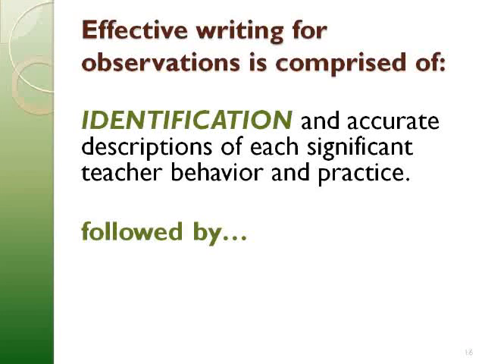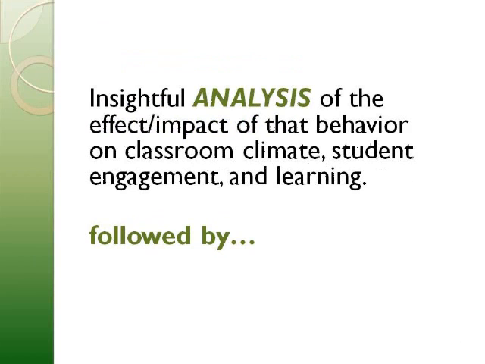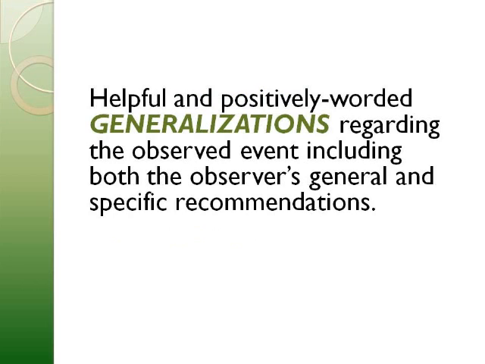You begin with the identification and accurate description of one significant teacher behavior or practice, followed immediately by insightful analysis of the effect or impact of that behavior on classroom climate, student engagement, student learning, followed immediately by helpful and positively worded generalizations or recommendations regarding the observed event, including both the observer's general description and specific strategies which the teacher might use to carry out these recommendations.